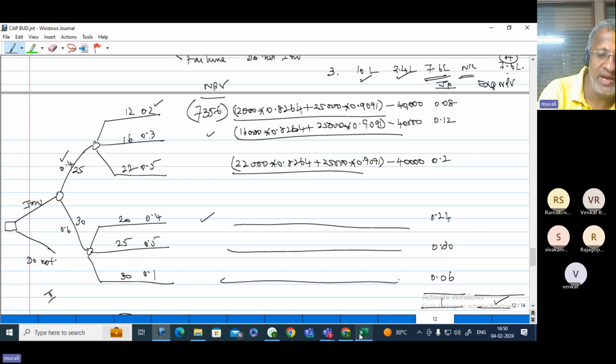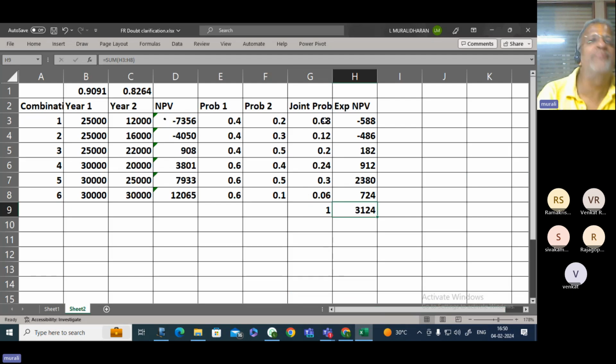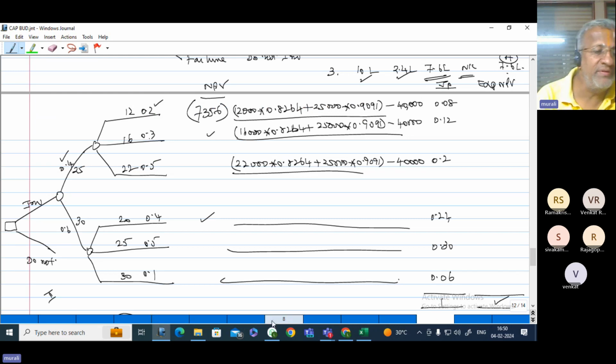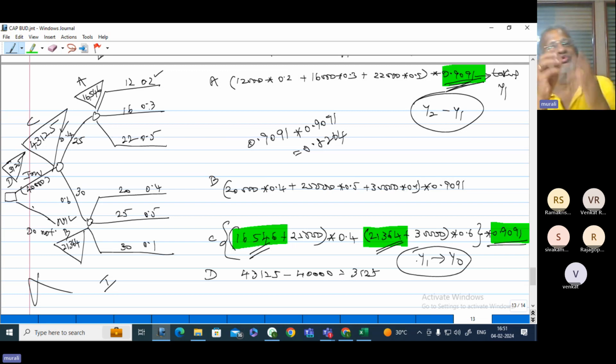So the net present value, if the worst outcome is realized, is negative 7356. What is the probability of that occurrence? It is 8%. If I try this under the second method, I will not be in a position to get that number. So there is always a background behind why we choose the first method, second method, and all that.